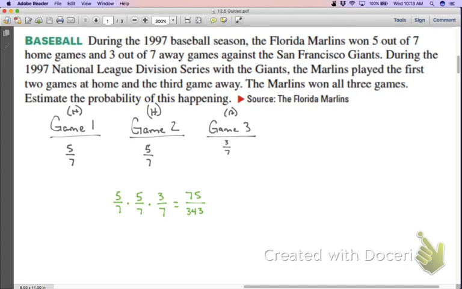Now, on this one, I would do about 0.219, or about 21.9%. Okay. Going off of, again, previous experience. Either of these would work.